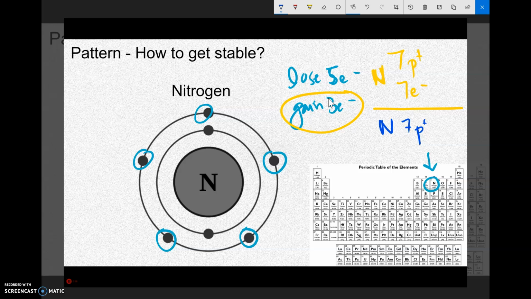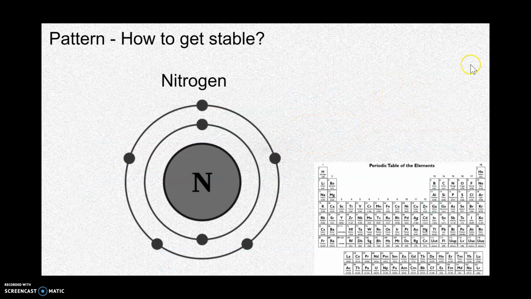So 7 plus 3 is 10 electrons. So if we have 10 negative electrons and 7 protons, which are positive, our overall charge is going to be a -3. So this is going to become N with a 3 negative charge right there. Kind of interesting what's happening, huh?